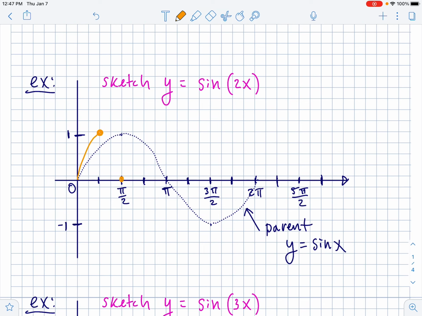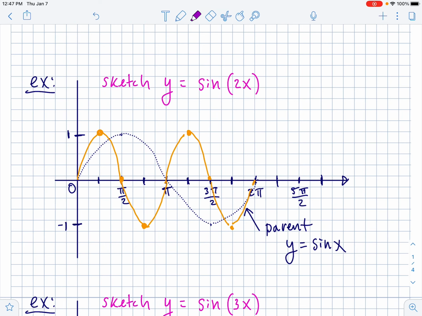Then it would go back down at pi over 2, then go into the valley, and then back up at pi. It would continue like this. It's sinusoidal, it's cyclic, so it keeps going: back up the mountain, back down to home base, then into the valley, and then back up again.